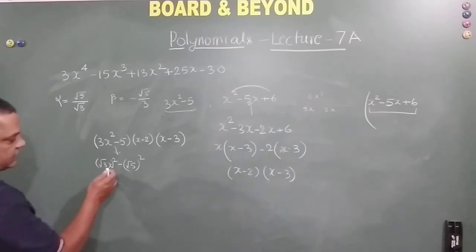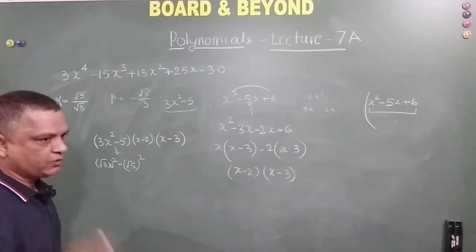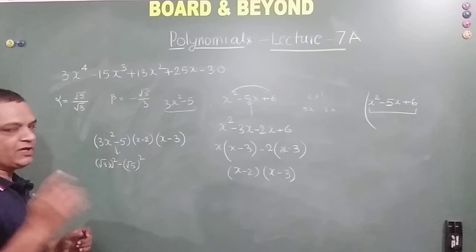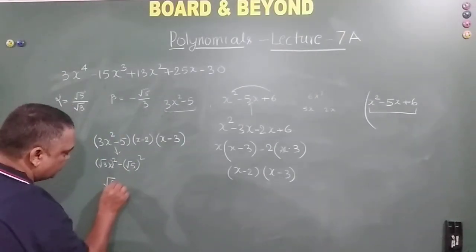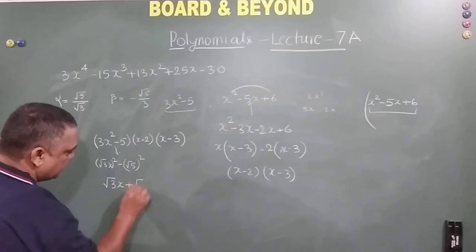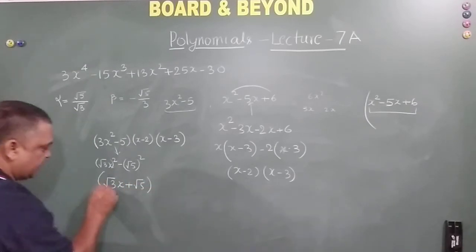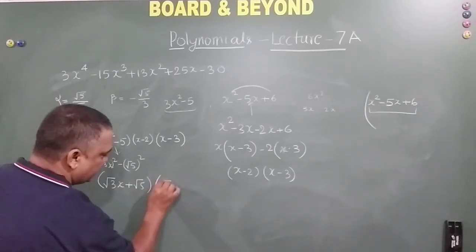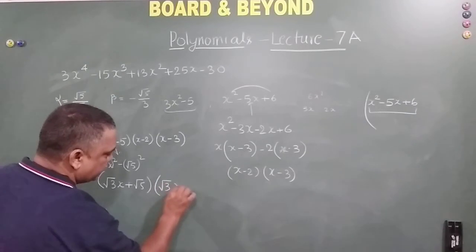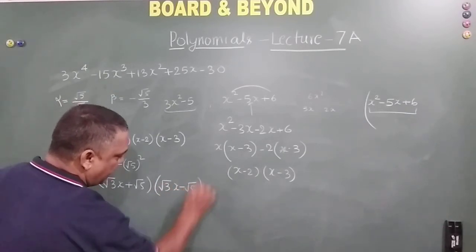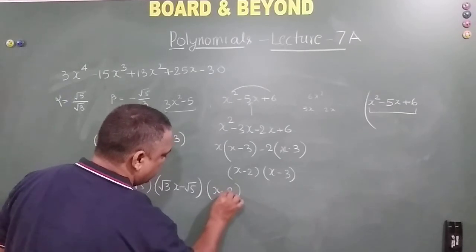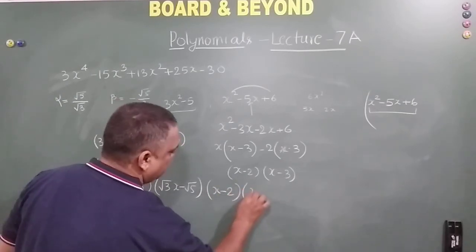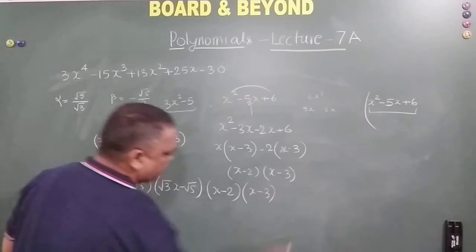Okay. So this is of the form a square minus b square, which says that it should be equal to a plus b into a minus b. Right. So root 3x plus root 5 as one of the factors, root 3x minus root 5 as another factor, x minus 2 as one more factor, x minus 3 as one more factor.